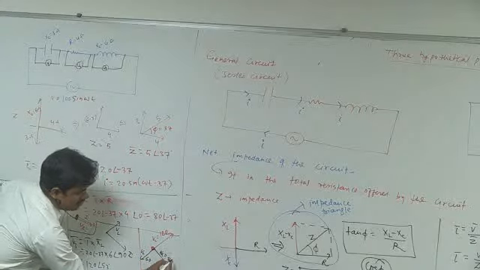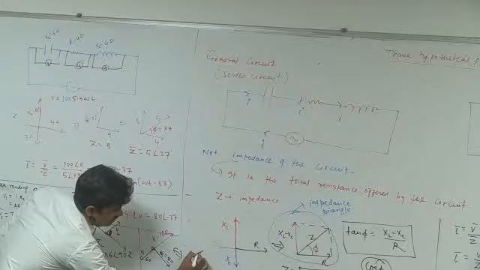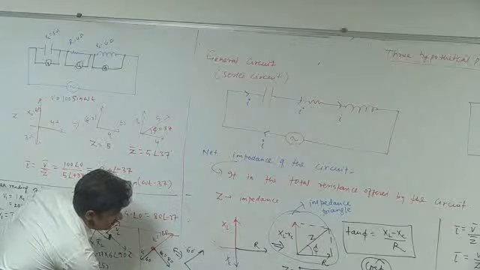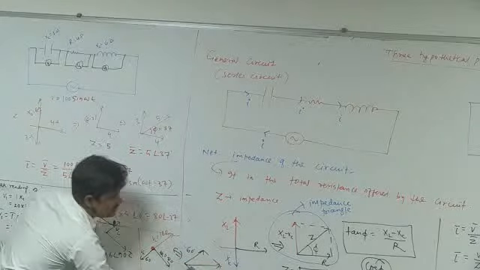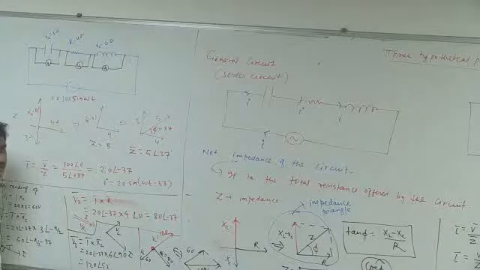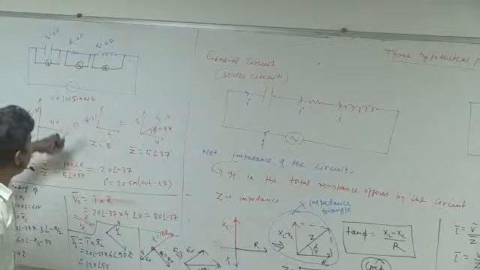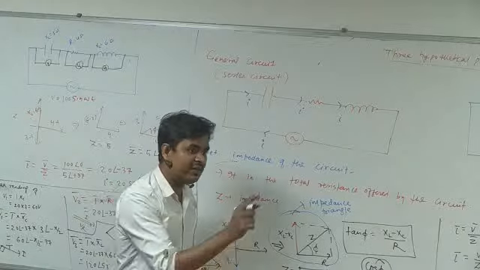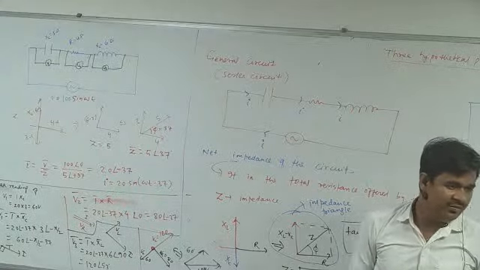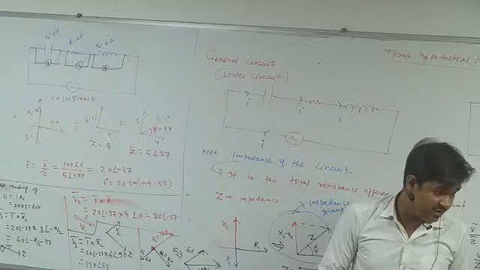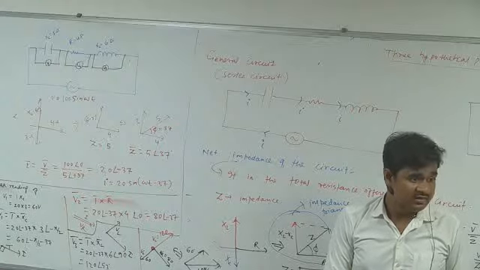The resultant of these two will come here, and this will be 80. The resultant of these two, you check what you are getting. 100. Yes. Did you get my point? You cannot add the voltages directly. You have to add using proper phasor concepts. Is that clear everybody?